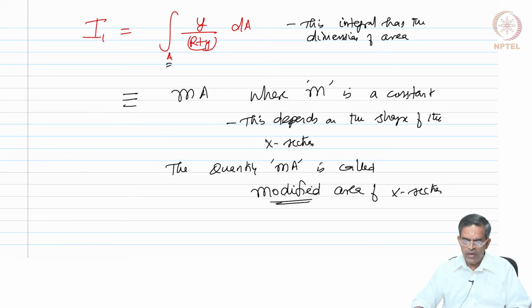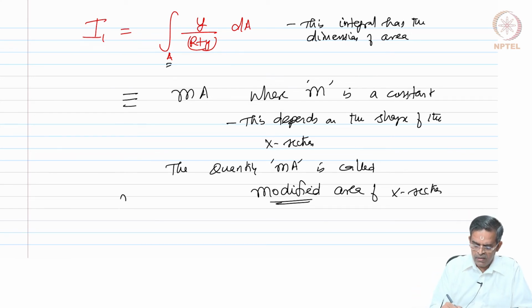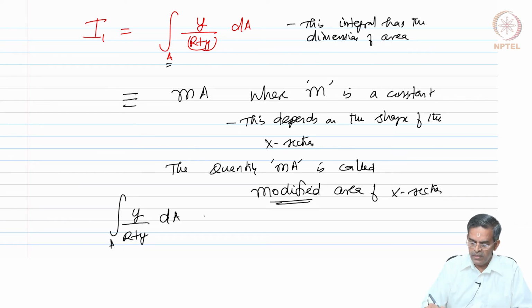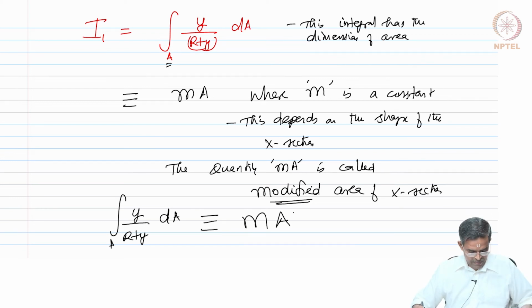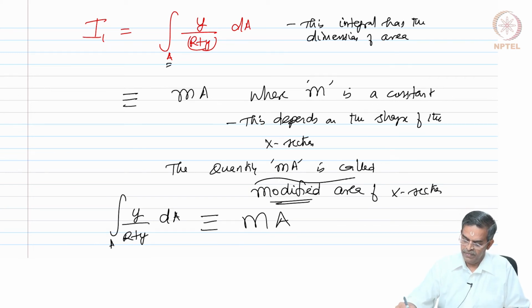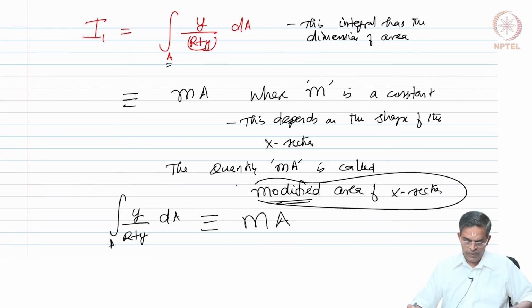Okay friends. So, we have got a very interesting integral: y by R plus y dA over the area A is identified as some factor of A, which is a cross section property and depends purely on the cross section.